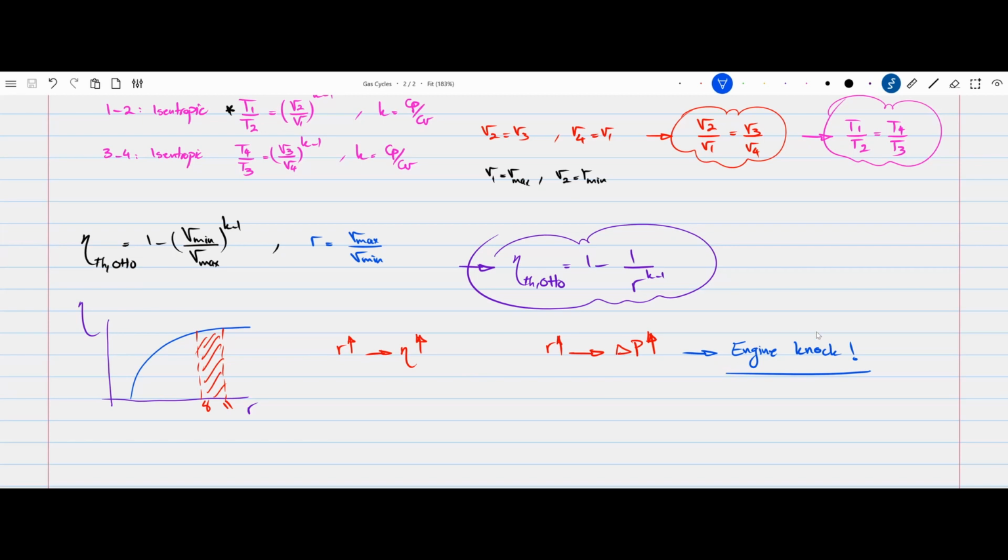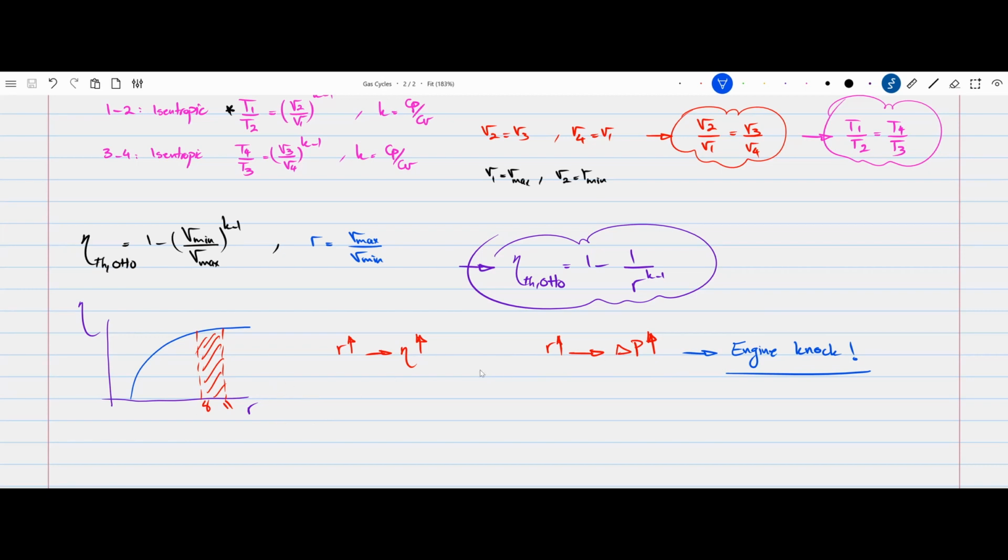So engine knock is something that we want to avoid. In order to avoid it, we have to keep R, the compression ratio, in a reasonable range. That reasonable range for the modern fuel that we have access to is about 8 to 11.